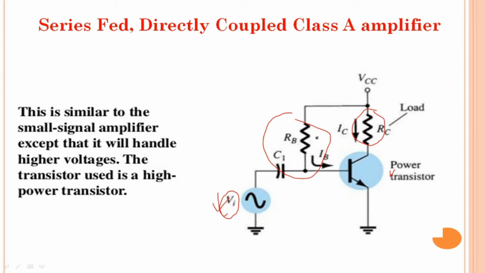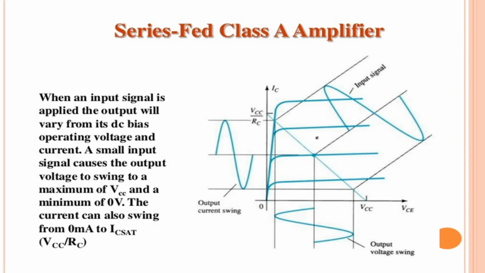So this is the simple circuit diagram. Now we will discuss this using graphical analysis. This is the output characteristic of the transistor. This is our DC load line, which I am showing by this pointer. The Q point of the transistor is adjusted exactly in the middle of the DC load line.